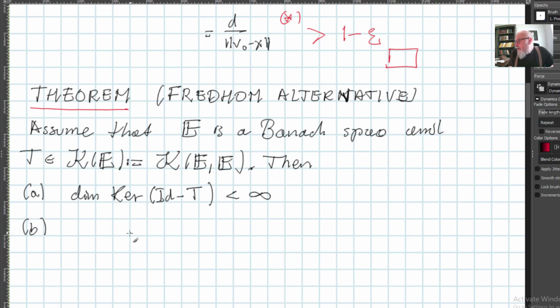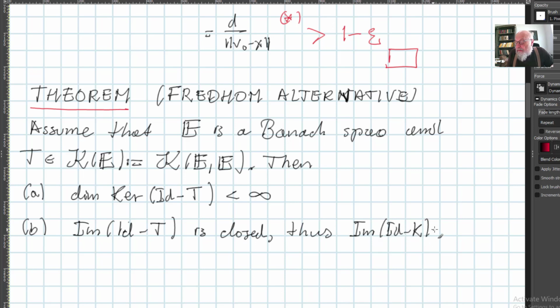B, we have that the image of the identity minus T is closed, thus once we know that this is closed, this image actually must be equal to the kernel of identity minus T.